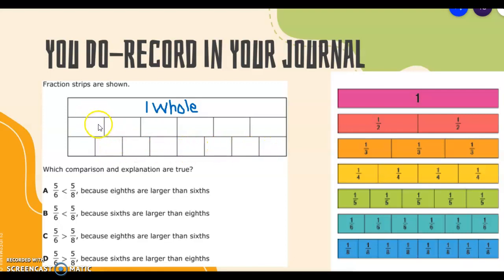So I'm going to label, and notice that I am using unit fractions because each piece represents 1/6 of the whole. So we'll use another color for eighths.